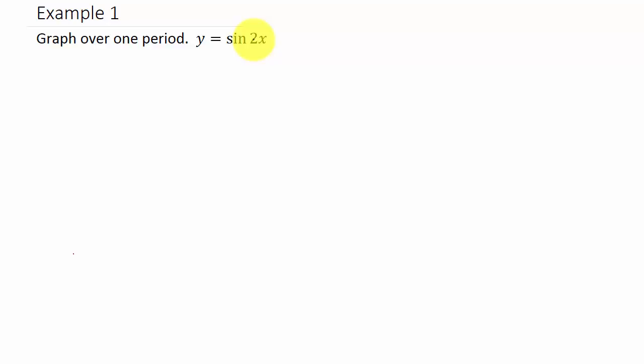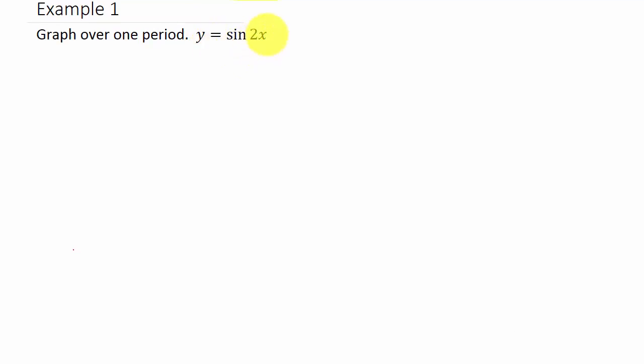So what we do is we take whatever we're taking the sine of, in this case 2x, and put it between 0 and 2 pi. So we set this inequality up, 0 to 2 pi. Now the 0 and the 2 pi are going to be the same every time.